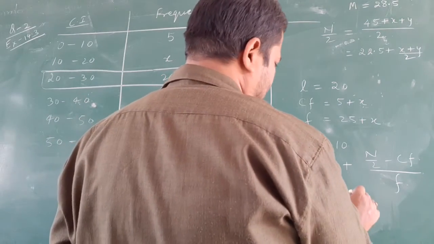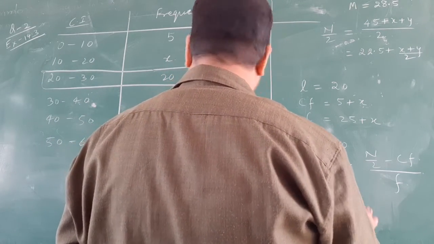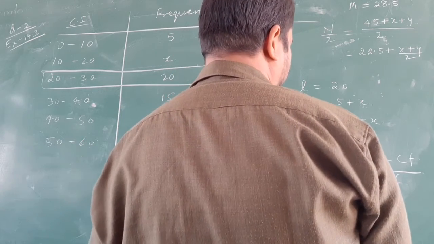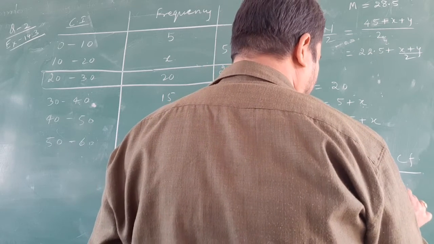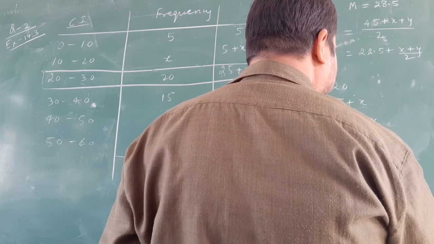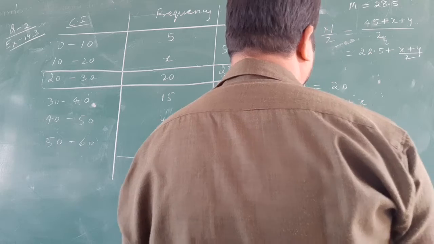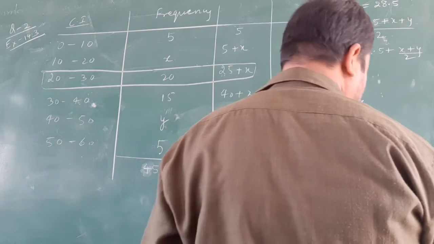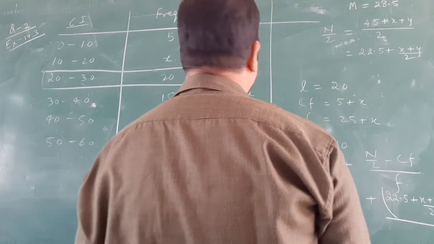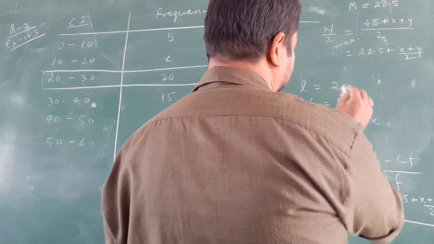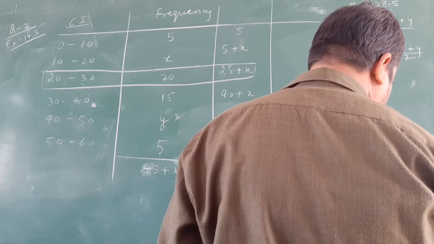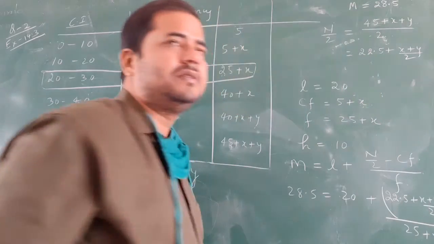L is, sorry, 20. So 20 plus n by 2 minus CF. n by 2 is 22.5 plus x plus y by 2, minus 5 plus x. So minus 5 minus x, divided by F, that means 25 plus x, multiplied by 10.